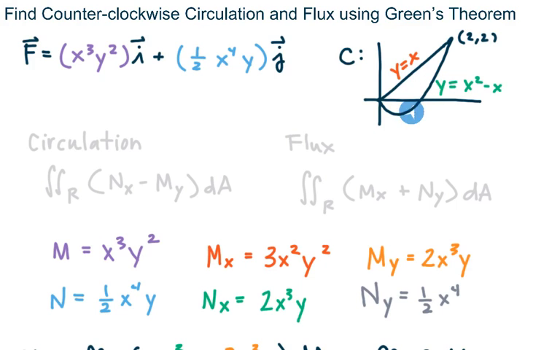So we're going to integrate with respect to y first, and that's convenient as both of my equations are in terms of y equals x. So I'm going to have x be my upper bound, and x squared minus x will be my lower bound. And then my x bounds will be going from 0 to 2.